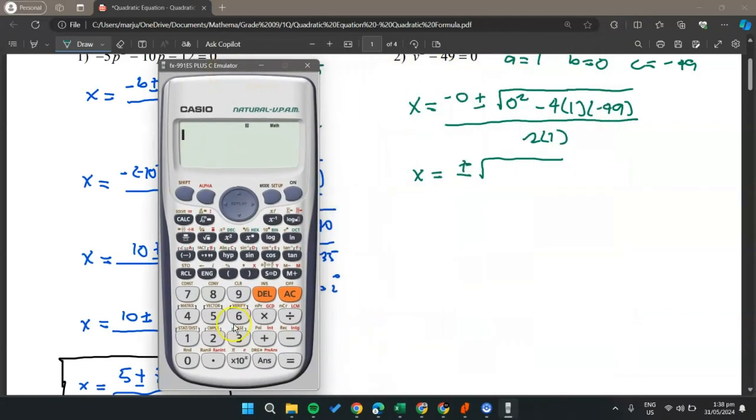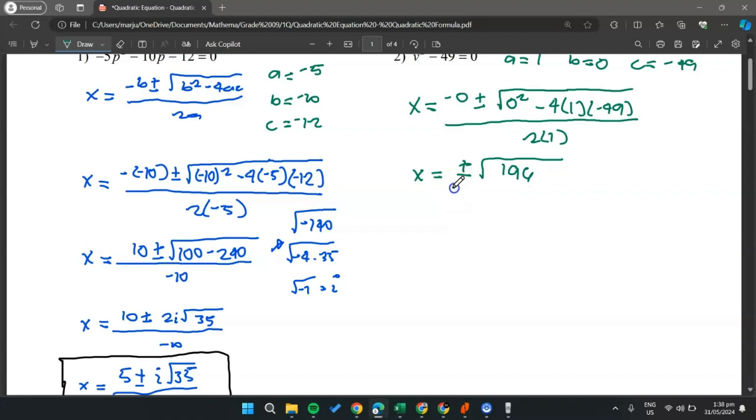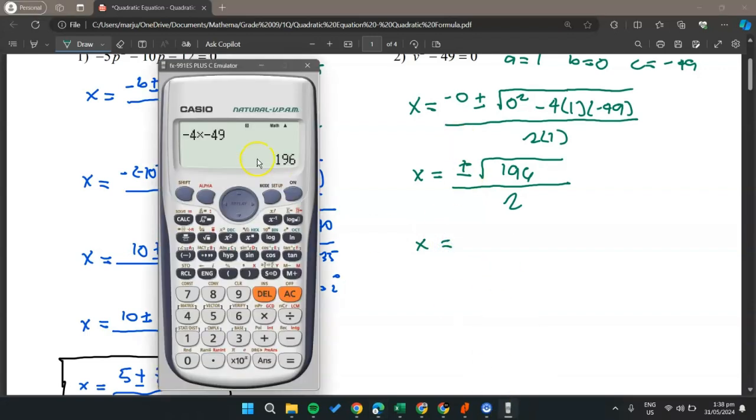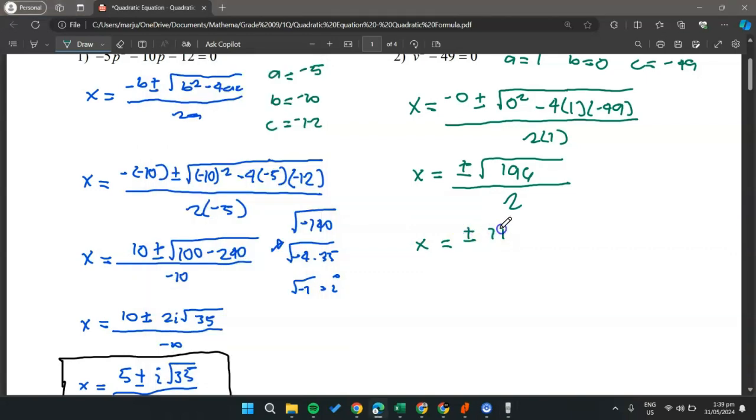So negative 4 times negative 49 gives you 196. This is 196 all over 2. And then x is equal to, what is the square root of 196? The square root of 196 is just 14. So we will do plus minus 14 over 2.